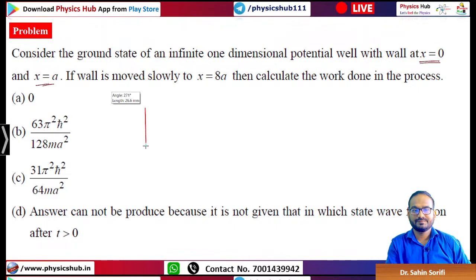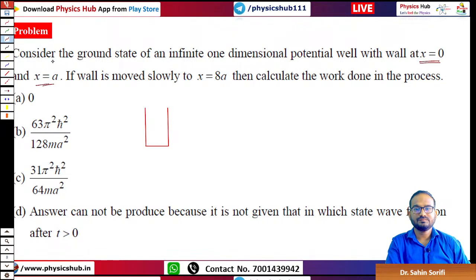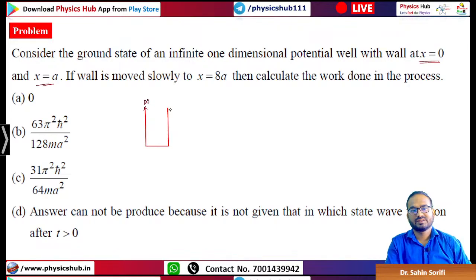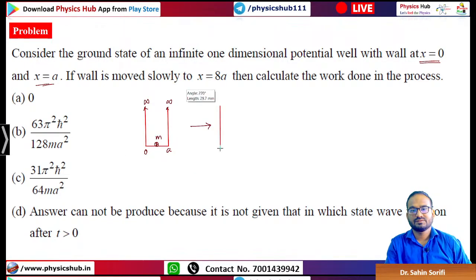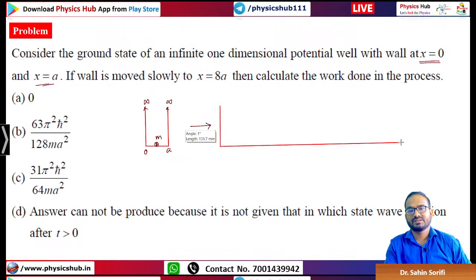So you had, let's say, a particle in a box like this, 0 to a. Now the wall is moved so that it becomes a to 8a, something like this maybe.